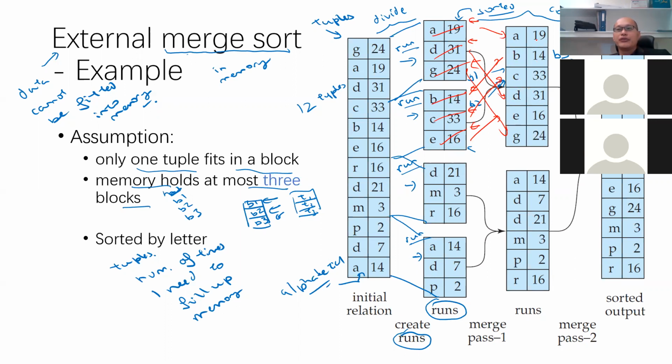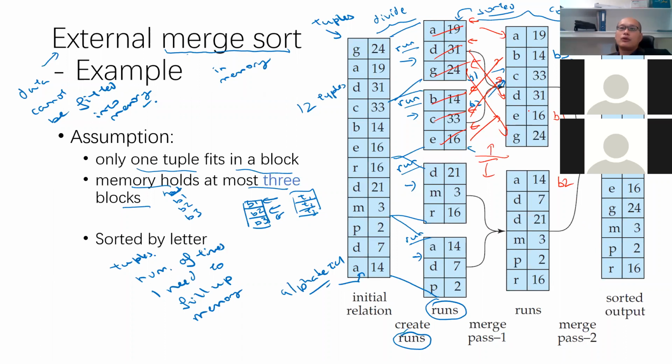Any questions on this? Similarly, after this is carried out, we carry out the two runs below to have another sorted run that looks like this. We assign block 1 now to this, block 2 to this, and block 3 to this.